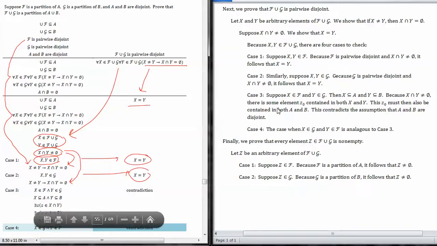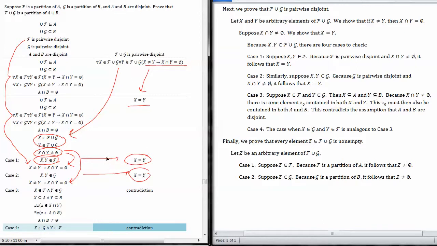And then in case 3, there's something to say. So suppose x is in F and y is in G, as we are, then, because F is a partition of A, that means that x is a subset of A, right? And because G is a partition of B, that means that y is a subset of B. I mean, okay, you could prove that in another sentence or two, but we'll just take that as understood.